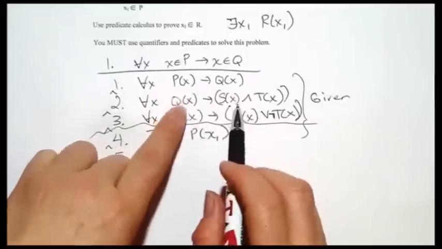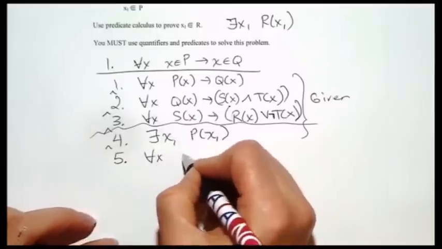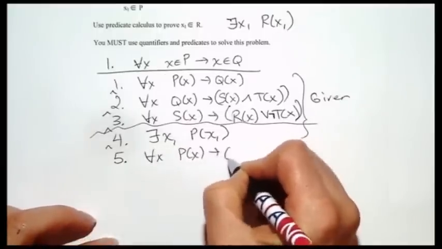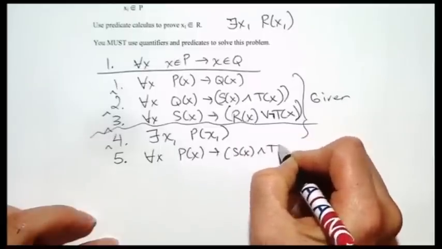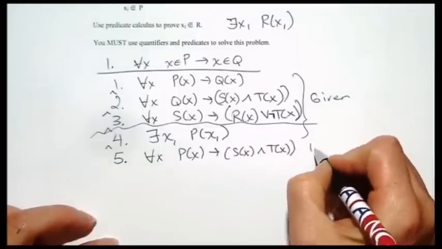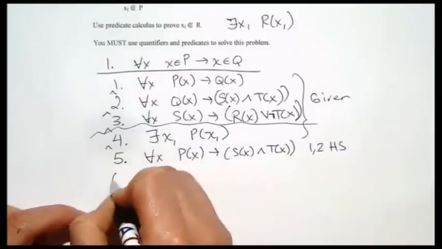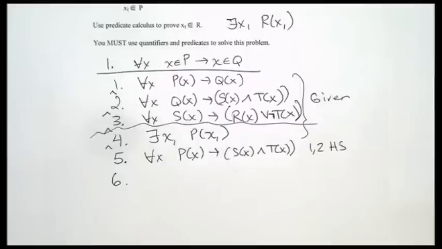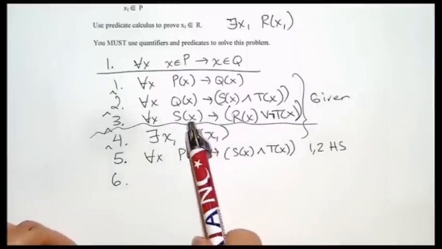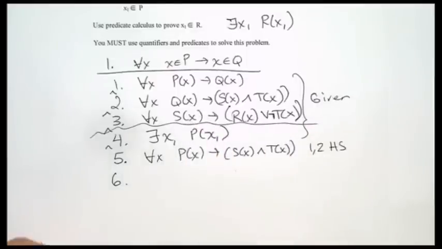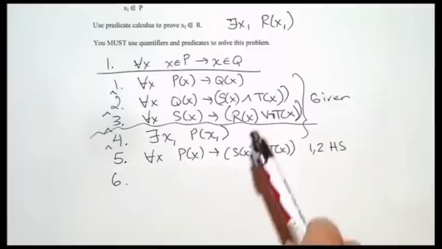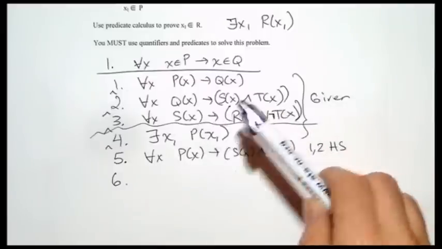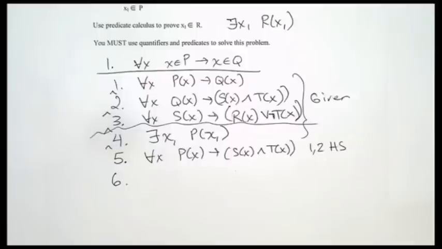Okay, so it looks like I could do hypothetical syllogism with lines 1 and 2. And I did put parentheses around there. And we've got an S and a T on line 3. I can't use hypothetical syllogism because the left-hand side doesn't match the right-hand side.